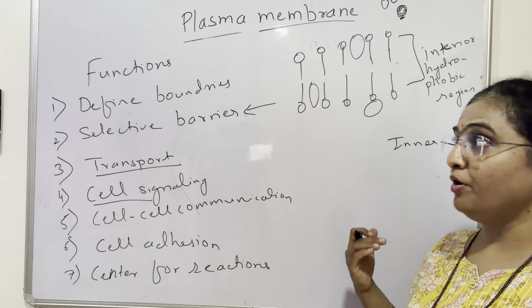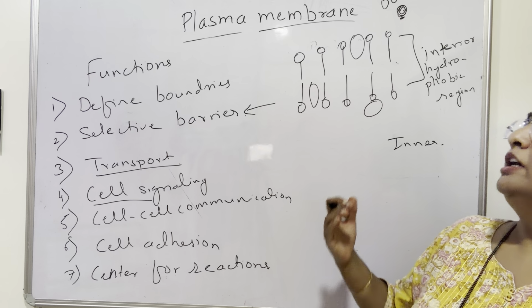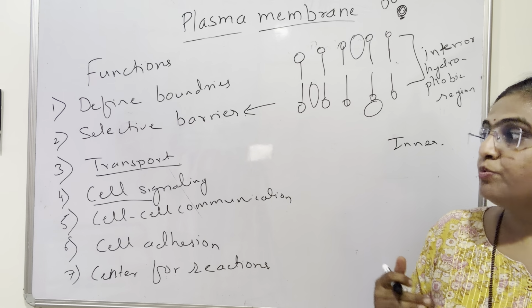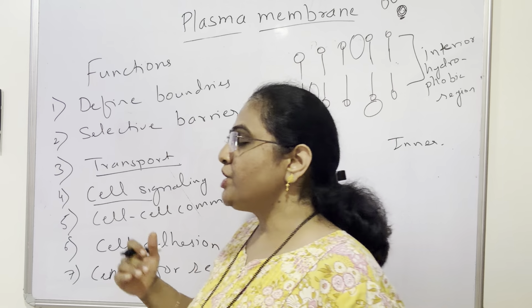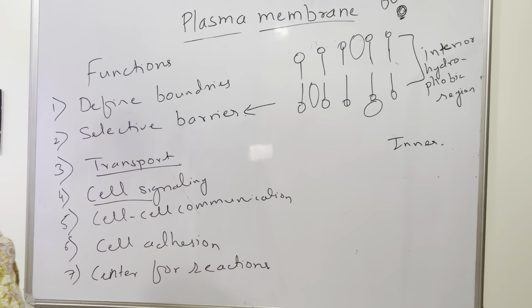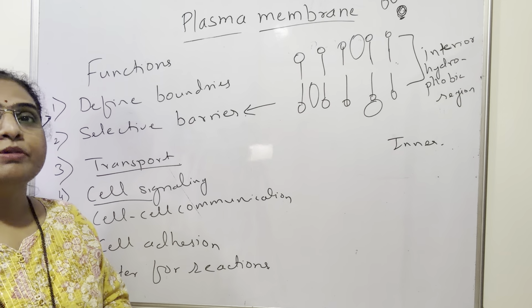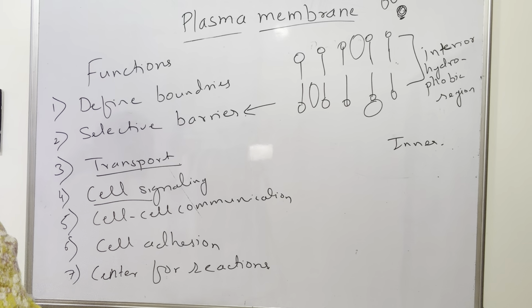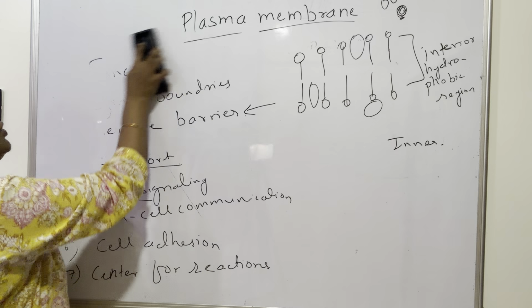It is going to define the boundaries, it is a selective barrier, it is involved in transport, cell signaling, cell communication, cell adhesion, and it is a center for various biochemical reactions. Okay, have you understood the functions? Now we will go towards what?